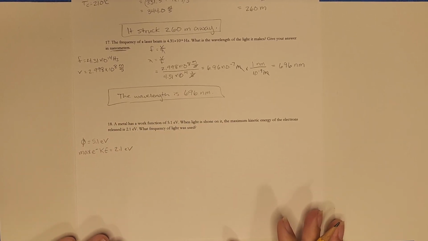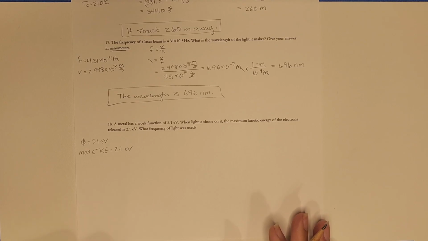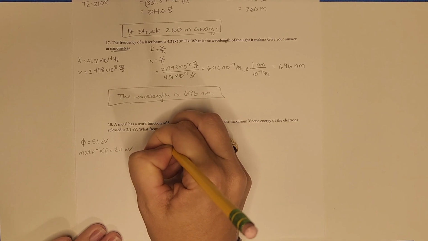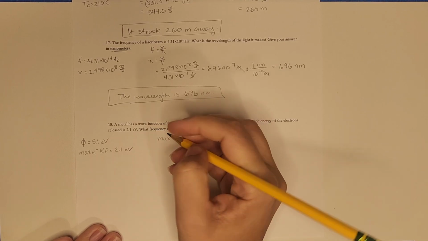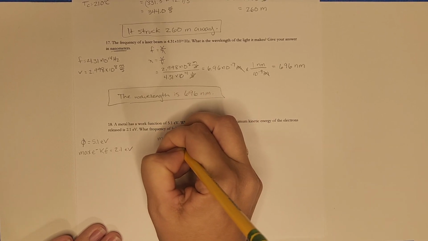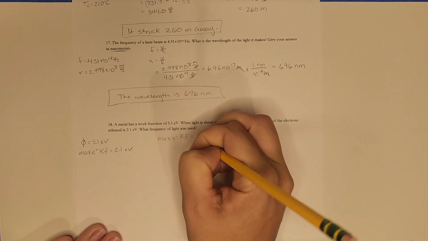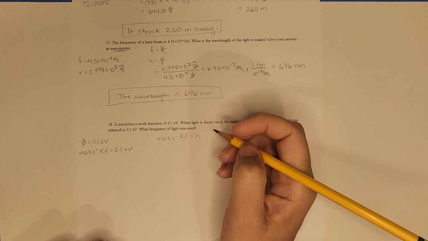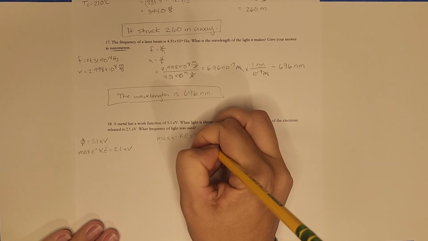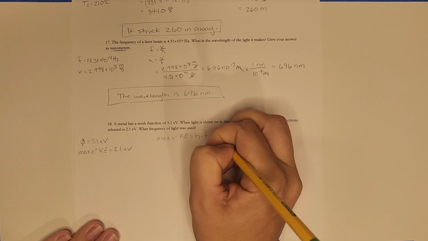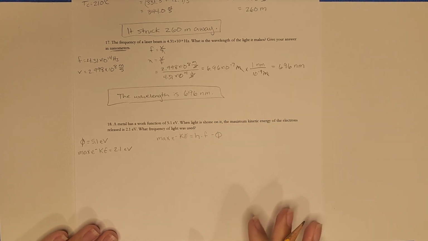Okay, so now we can use equation 11.5 to determine our answer. So we have maximum electron kinetic energy equals H, which is Planck's constant, times frequency minus our work function.